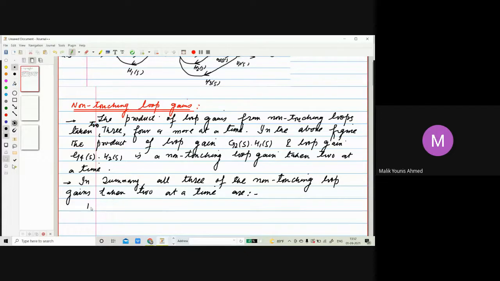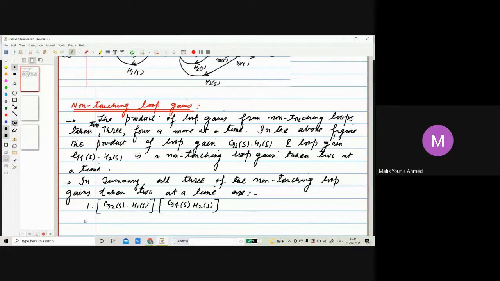Number one, G2 of S, H1 of S multiplied, we have to product them, multiplied by G4 of S, H2 of S.